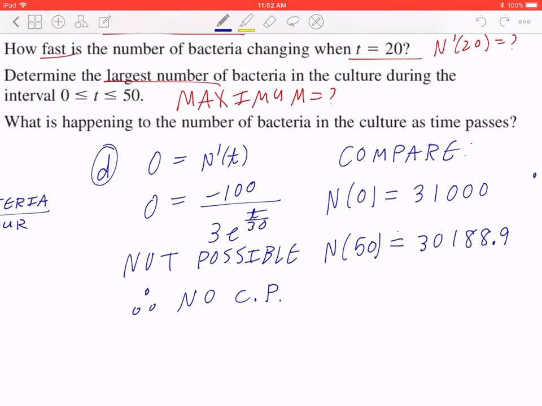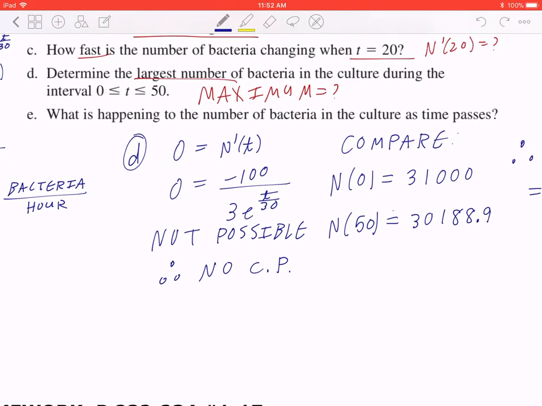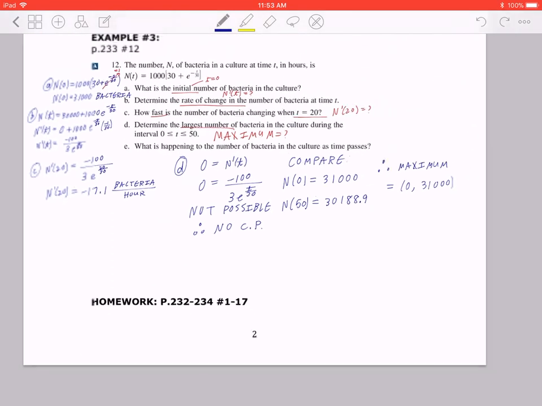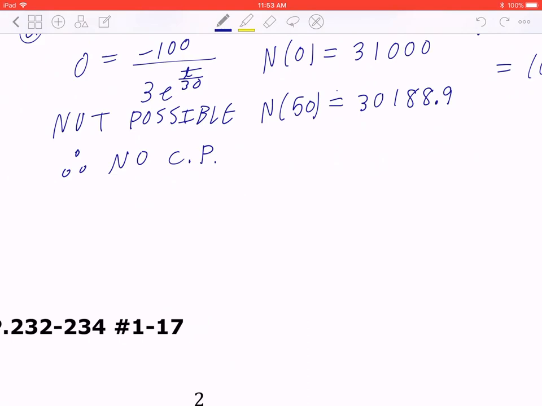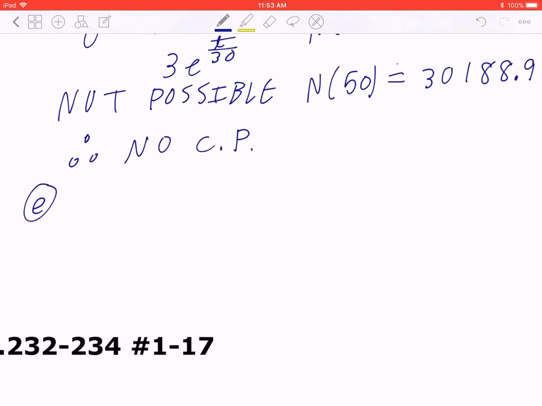One more part. Part E. What is happening to the number of bacteria in the culture as time passes? Really, as time passes, it's going to essentially hit some kind of limit, so it's really asking for end behavior.